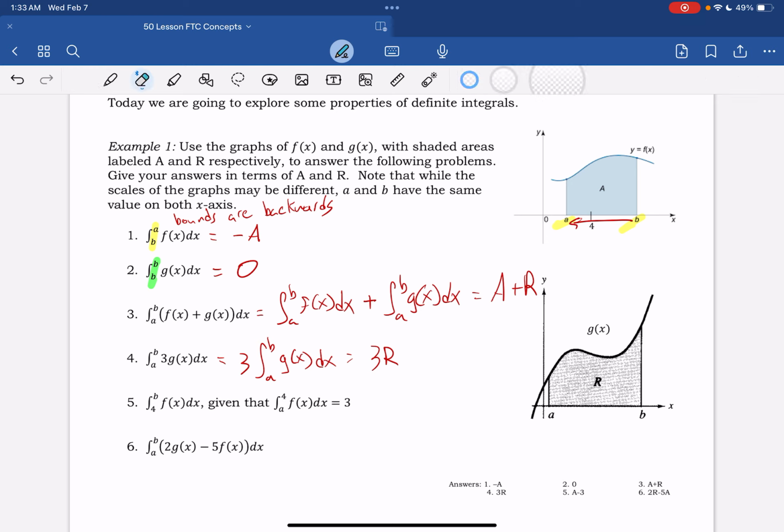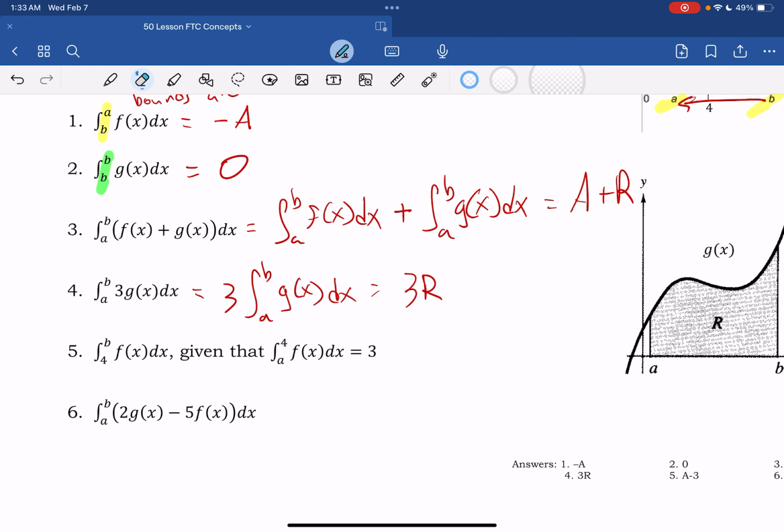Okay, and in a similar sense, we're going to combine numbers 3 and 4 here for number 6. I'm going to come back to 5 in a second. Not only can we separate out with the subtraction, but we can also slide those constant multiples out to the front.